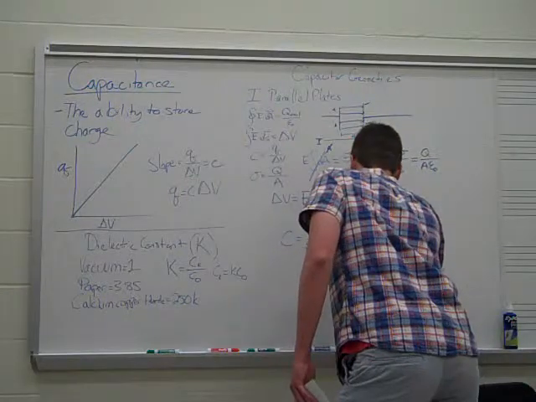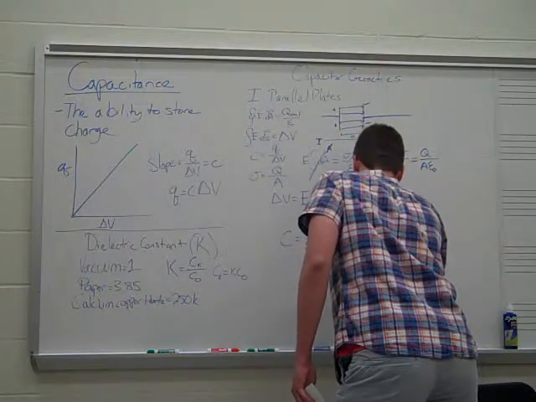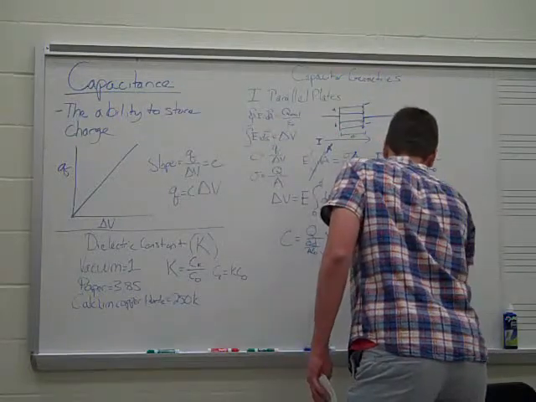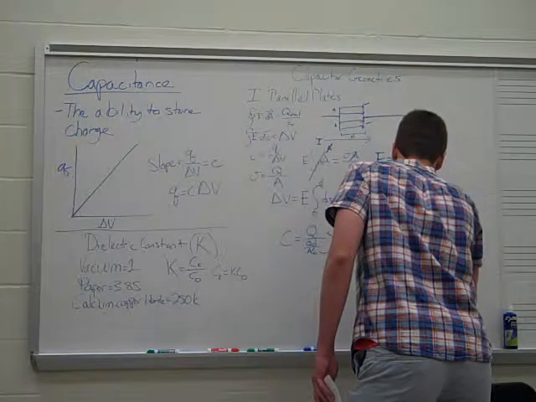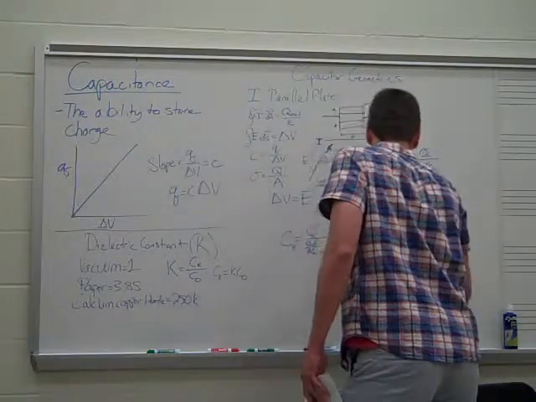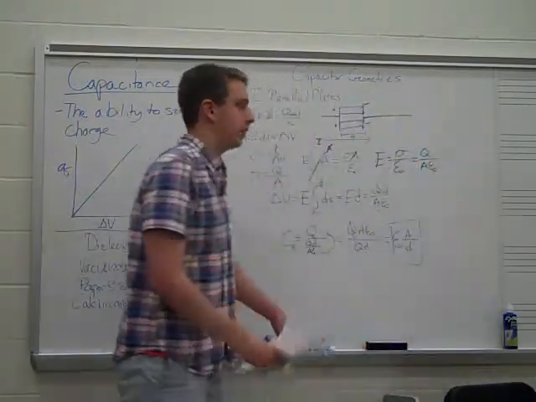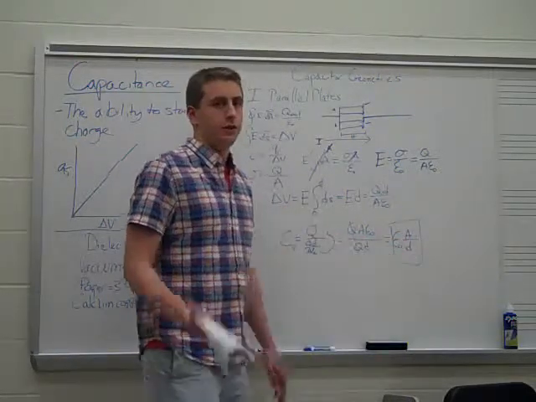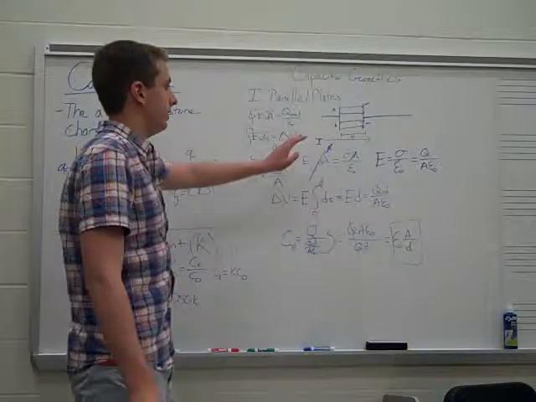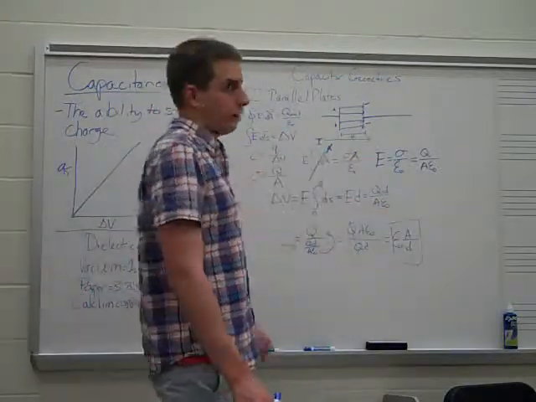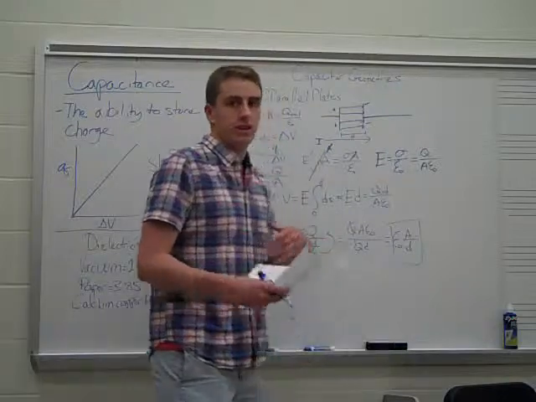So it's going to be Q A epsilon naught over Q D. The Q's cancel out, and we see that capacitance for a parallel plate capacitor ends up being epsilon naught times A over D. So the only two things that matter in this type of capacitor are the area of the plates and the distance between them. So just simple geometry.